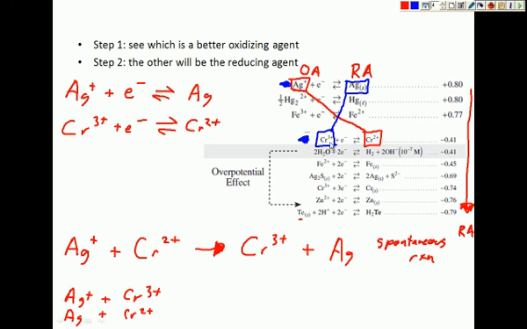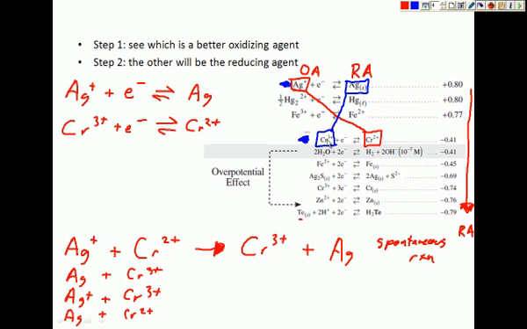Now, this one, if you had Ag solid and Cr3+, this could possibly react, but it's not going to be spontaneous.